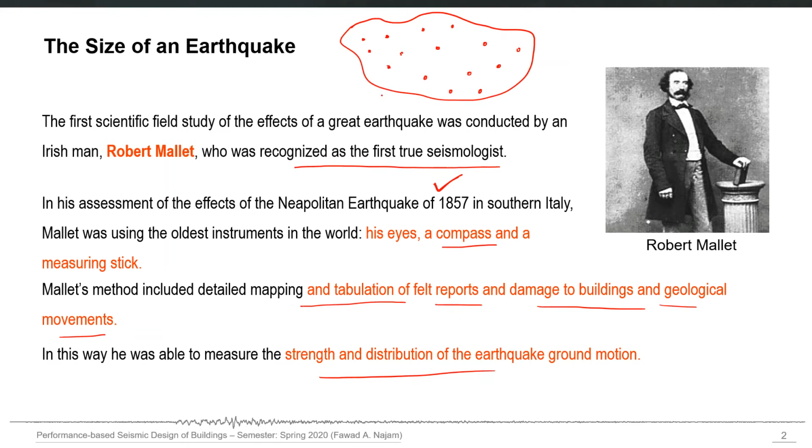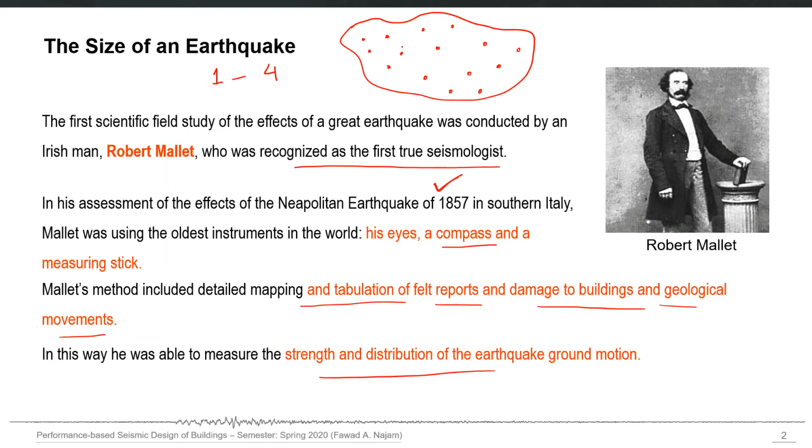Based on those observations, he gave a number to each of the points. For example, he said, from 1 to 4 I will classify the damage intensity and assign it to each of the points at which I took my readings.